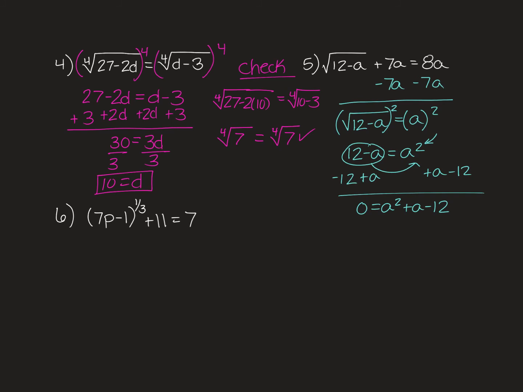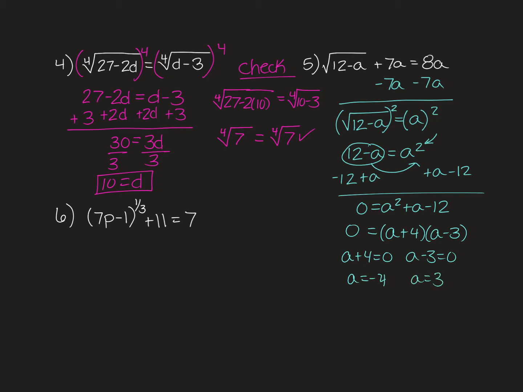Two numbers that will multiply to negative 12 but add to a positive 1. Okay, your numbers are going to be a plus 4 and a minus 3. If you set each of those equal to 0 and solve, you will get a is equal to negative 4 and a is equal to 3.